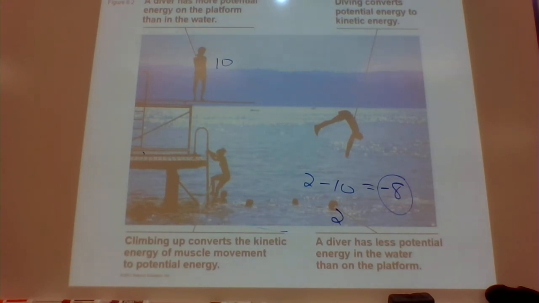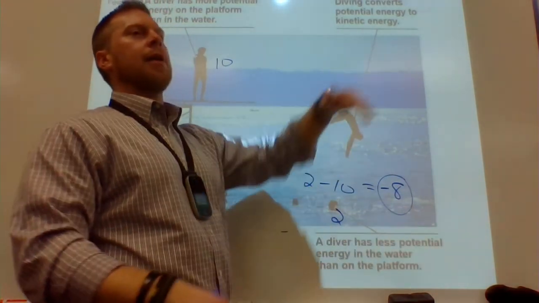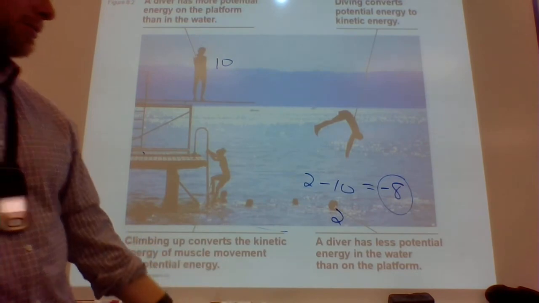It's spontaneous, meaning do I have to invest energy for her to fall from the diving board to the water? No, it would just happen. It's spontaneous, right? It doesn't need an energy input. Instead, I could probably release energy from this to do something.